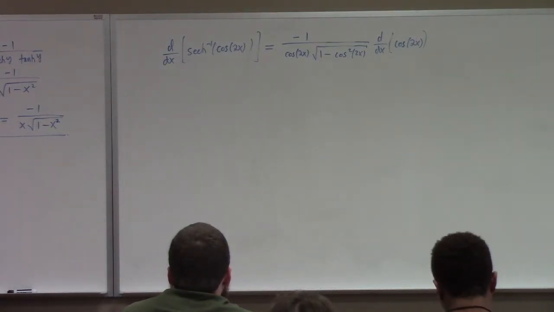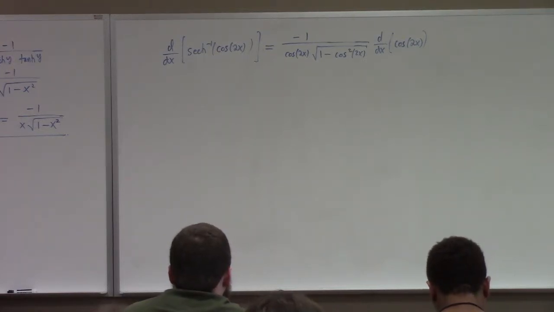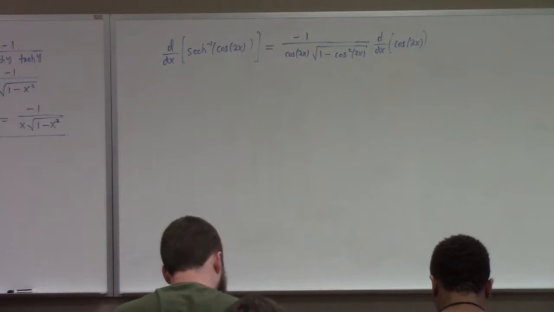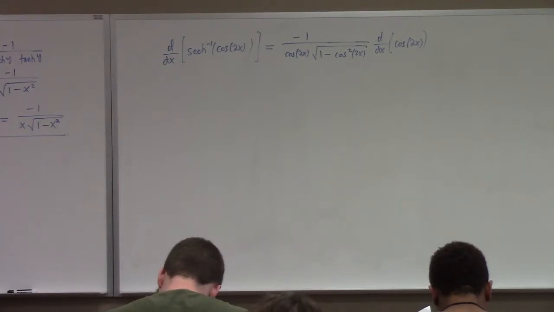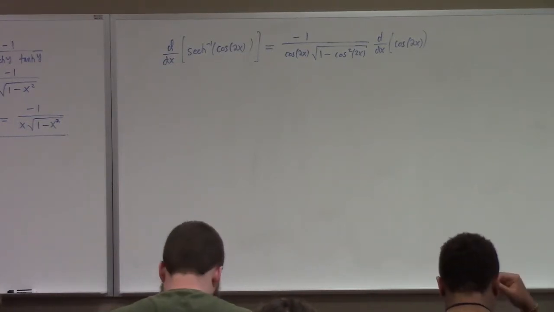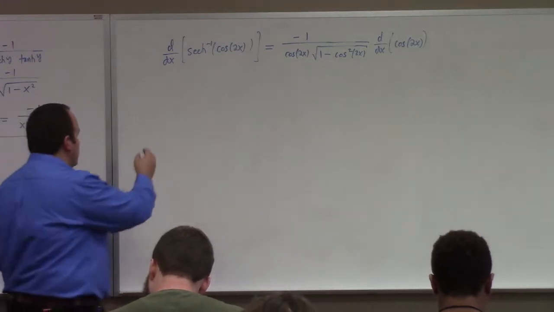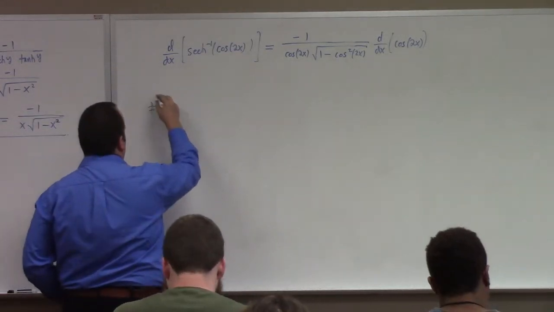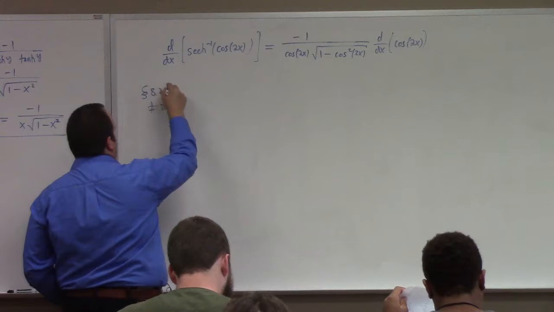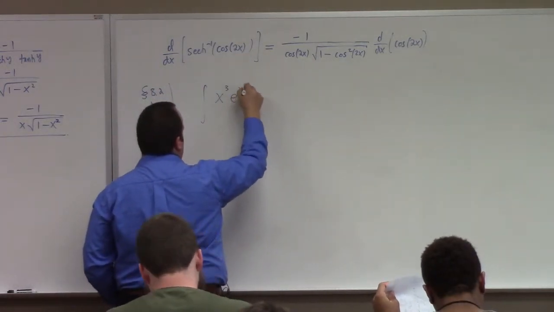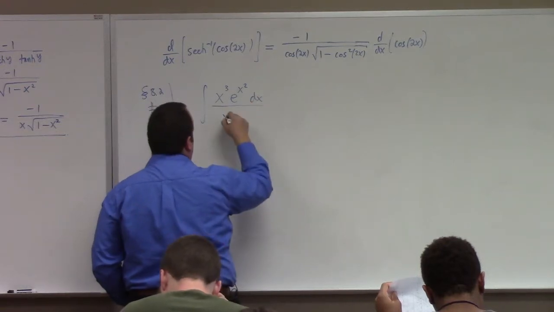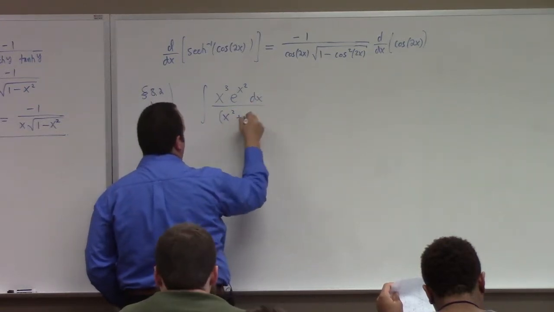Section 8.2, number 20? I think I've talked about this already. So number 20 in 8.2, I will just give you a hint. The integral of x cubed e to the x squared dx over x squared plus 1 squared, yeah?